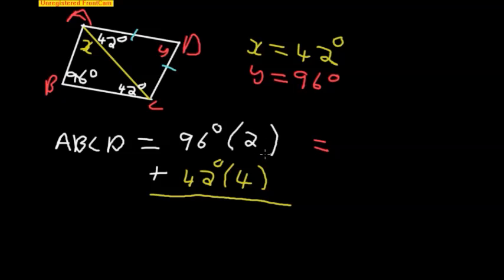Okay, we know 100 times 2 is 200, but we were short 4. 2 times 4 is 8, so we have to subtract 8 from the 200, so it's 192 degrees.